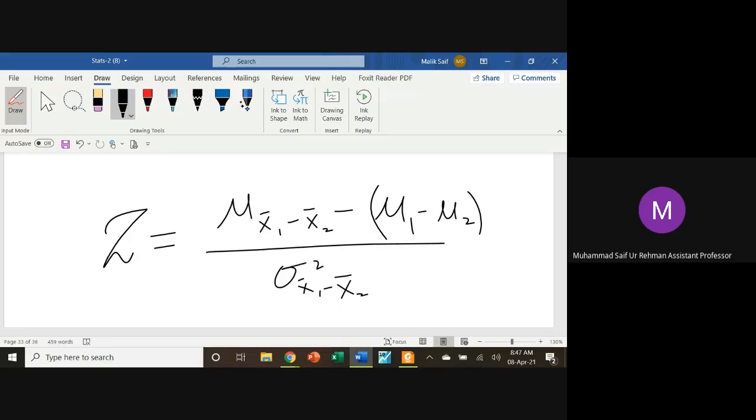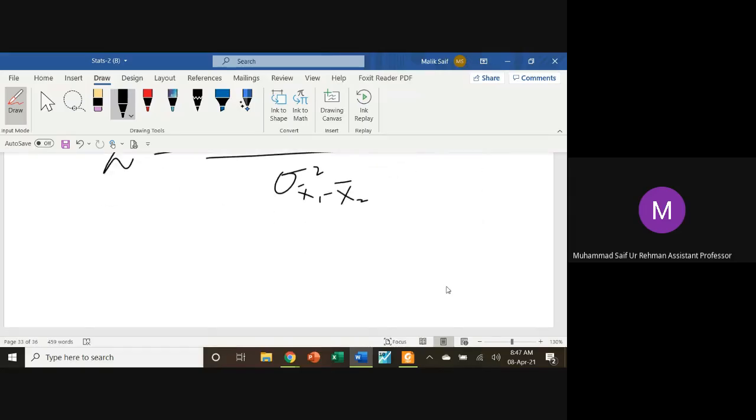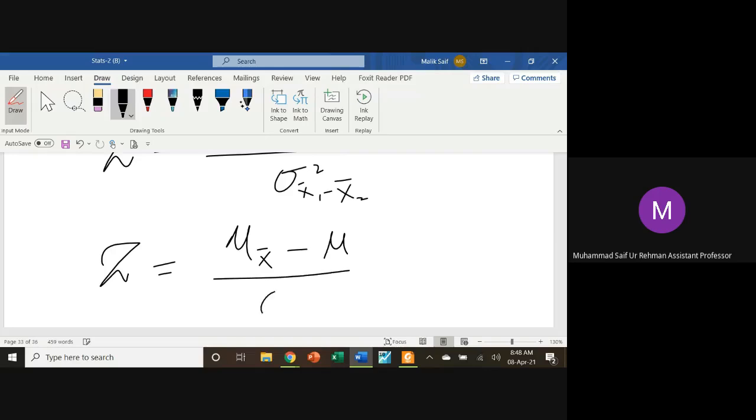If you recall, we had proved previously when one population was in our account, we wrote the formula in this form: mu x bar minus mu divided by sigma x bar, like this.